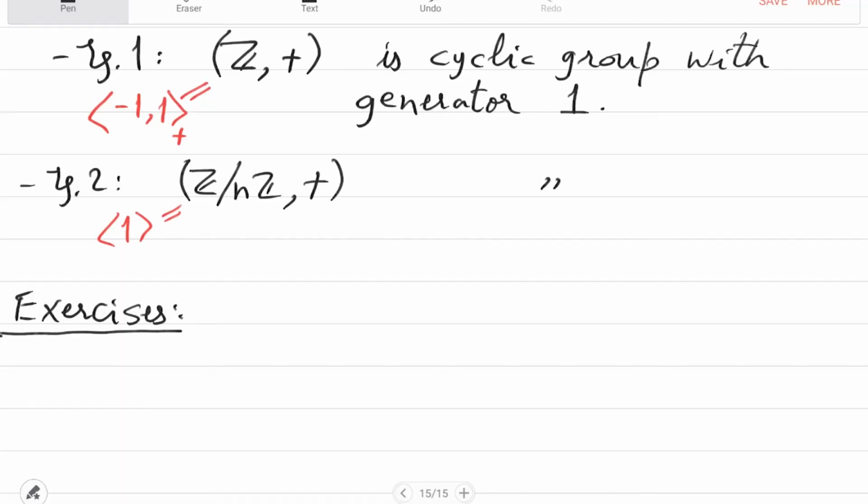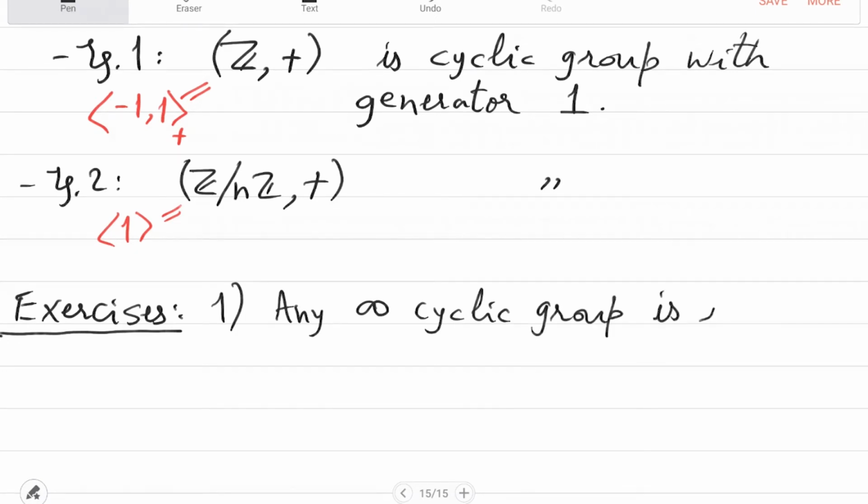So that is the first thing you prove, that any infinite cyclic group is isomorphic to Z plus.